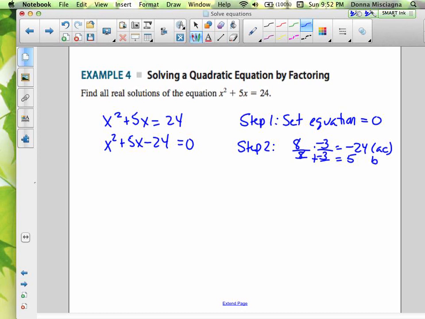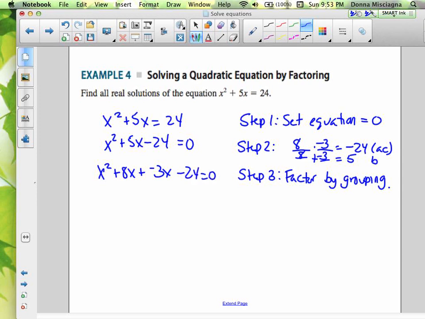Factor by grouping. You can never go wrong with factor by grouping. All right, so x squared plus 8x plus negative 3x minus 24 equals 0. So I simply have rewritten the 5x as 8x and negative 3x.